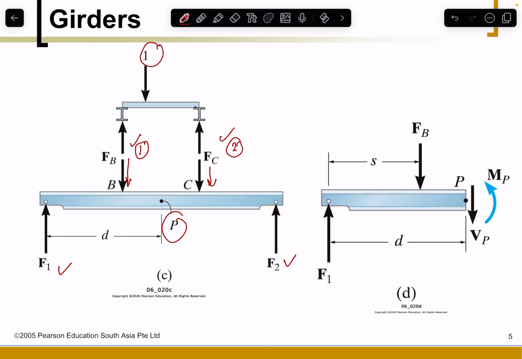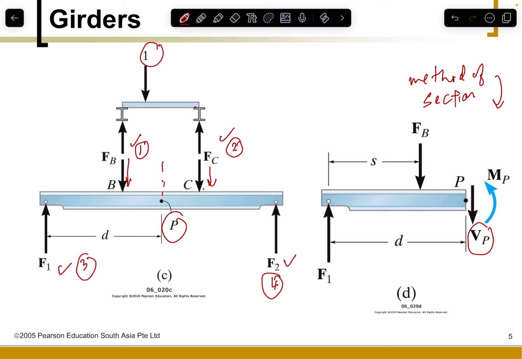Once you have this B and C, then you can calculate F1 and then calculate F2. Once you know the support reactions at F1 and F2, then you can cut using the method of section to find VP.